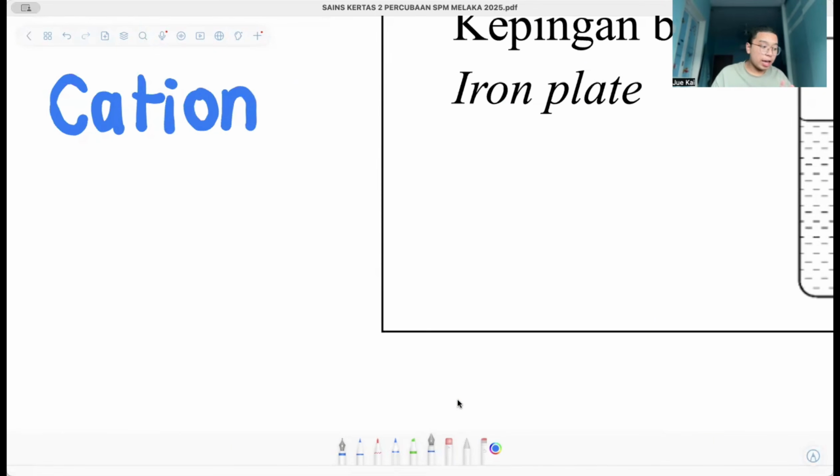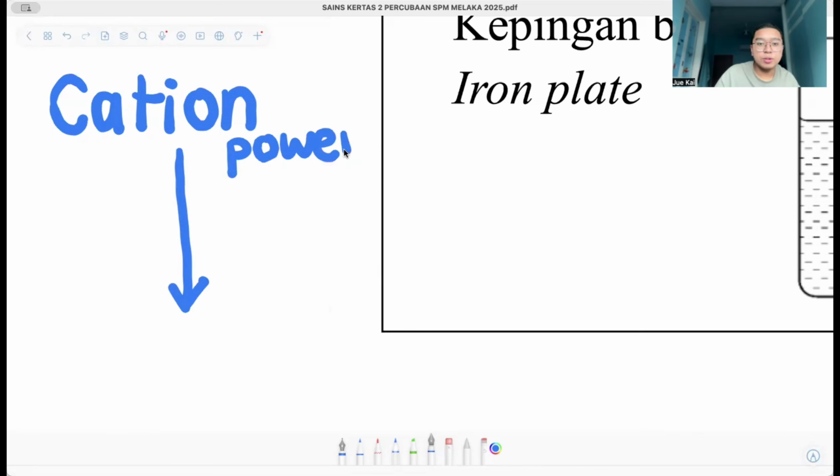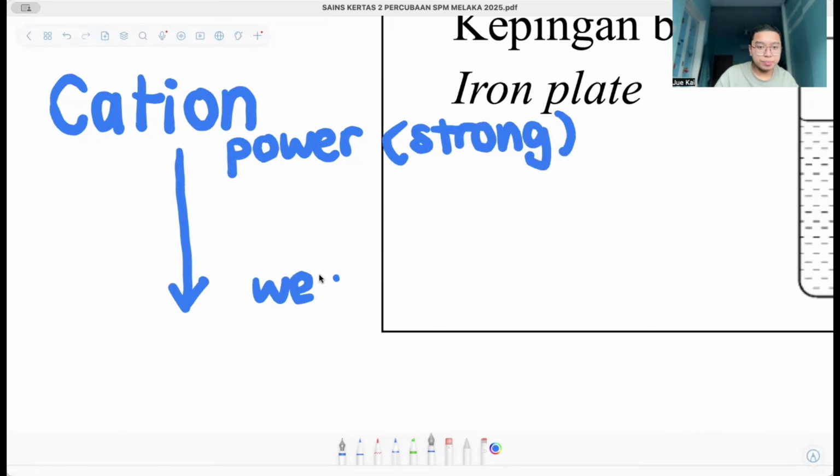When you see cation like this, and the arrow is like this, that means this power will be stronger. I don't think this is correct, but it's okay. Power will be stronger, and the bottom one will be weak. Clear or no?